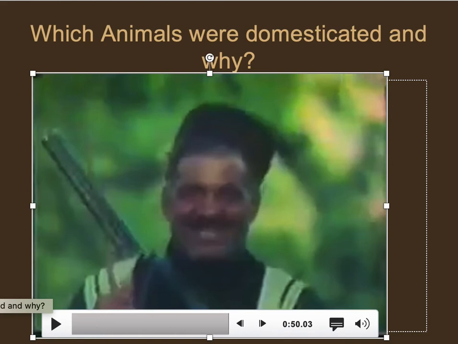Well, we talked about tigers before. Animals like that. Lions, tigers, bears, never been domesticated. White-tailed deer, never been domesticated. Gazelle or antelope, never been domesticated. Zebra, never been domesticated. Elephants, never been domesticated.